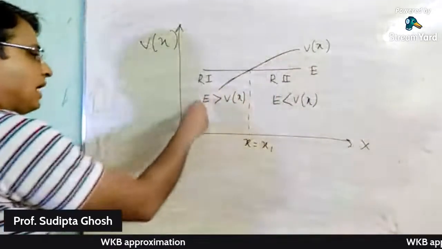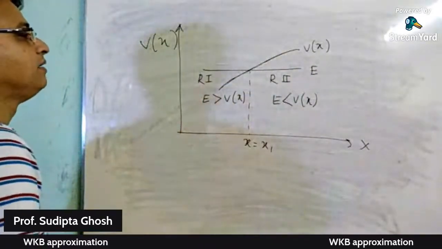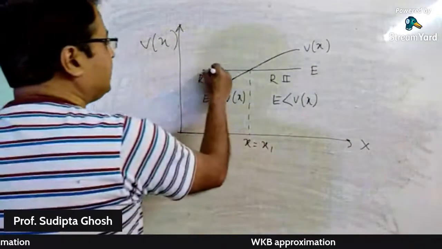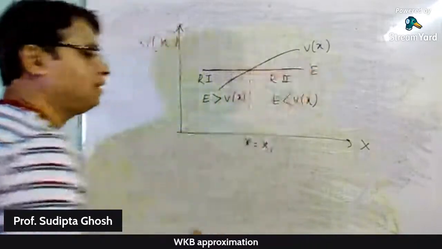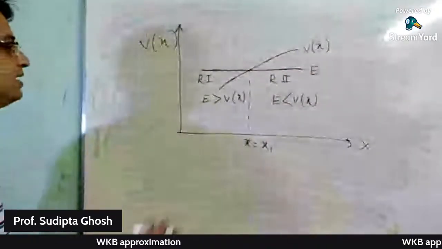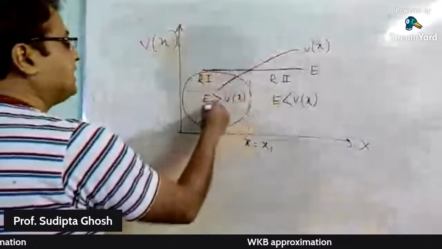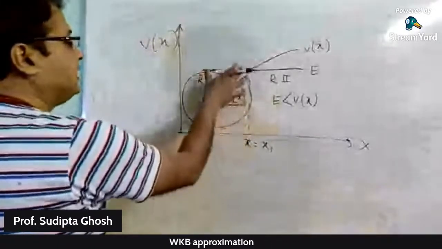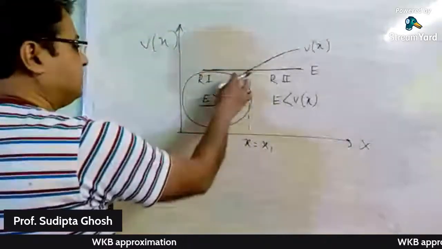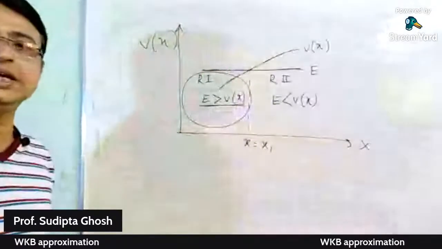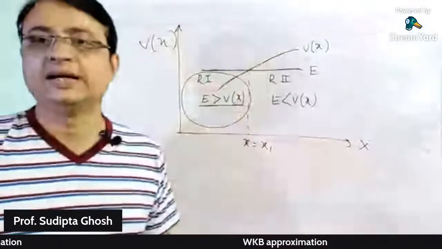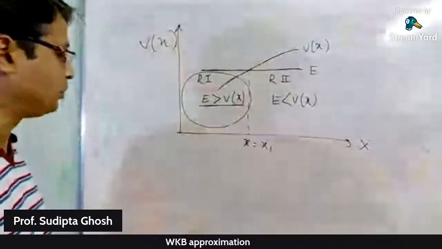Now this is the energy of the particle, E. In this region, you can find that the energy E is greater than the potential.